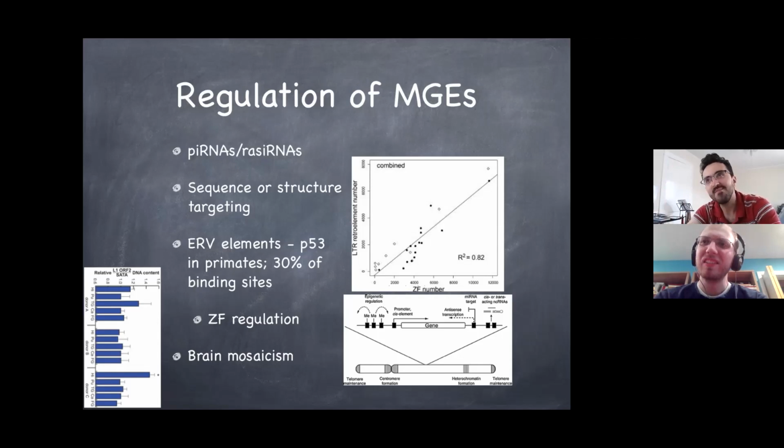It's the possum. So if you've ever wondered why possums are weird, this may be a reason. They far exceed humans in the number of these long tandem repeat retro elements. Well, that's interesting. All right.